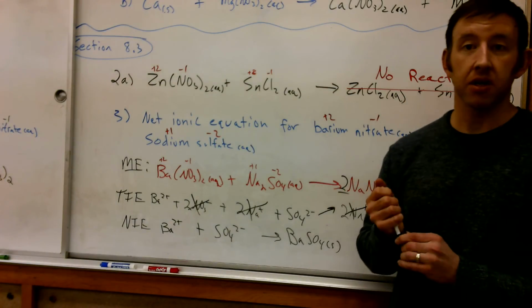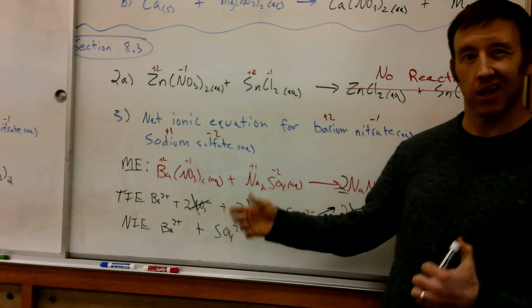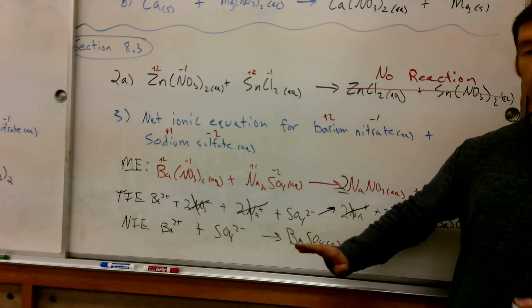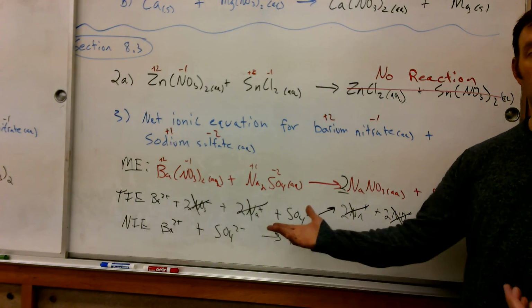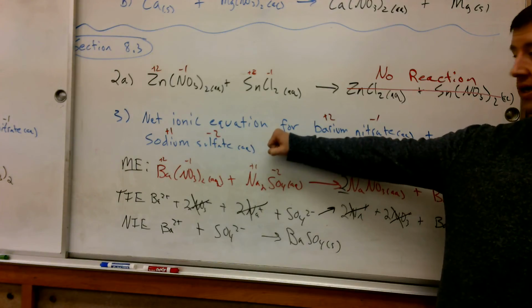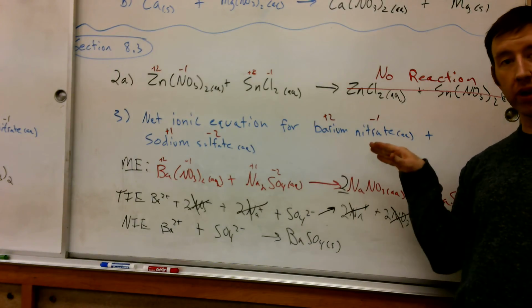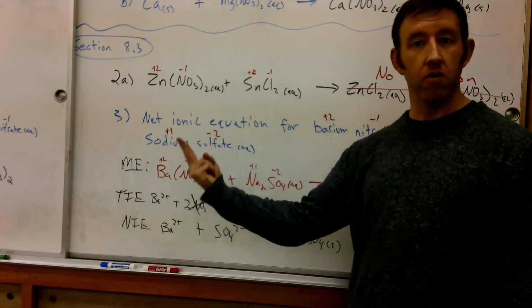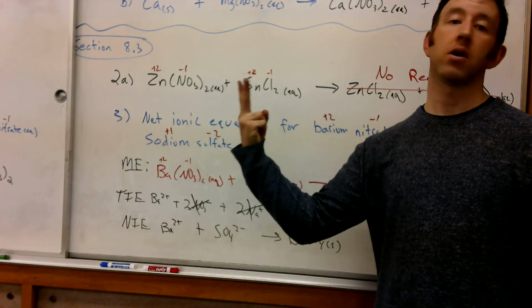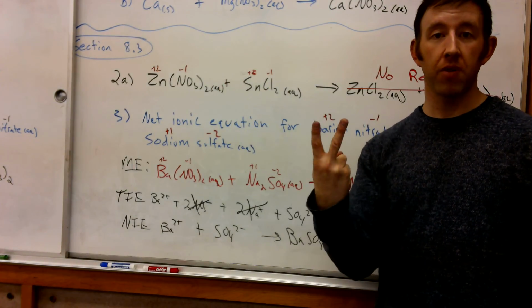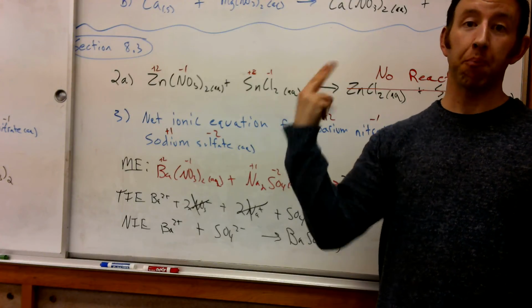And that's it. That's kind of the crux. Like I said, I use that word crux a lot. It's a little climbing term, of what we do in this chapter. It's taking a word equation, writing the correct molecular equation, deciding whether a reaction occurs or not based on either activity series or solubility rules. If it does, we go back and balance it.